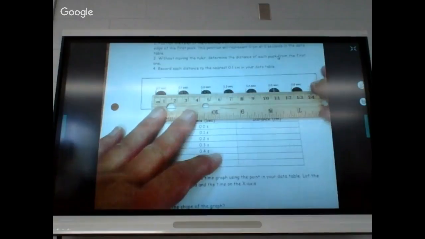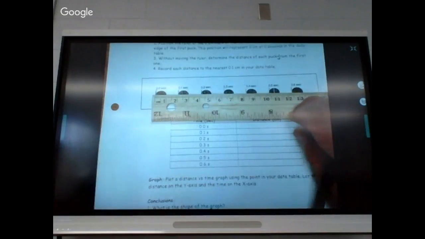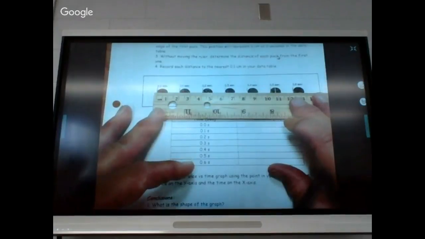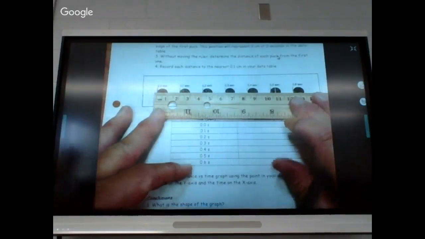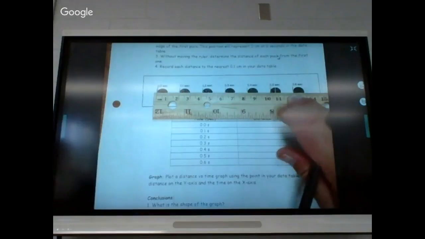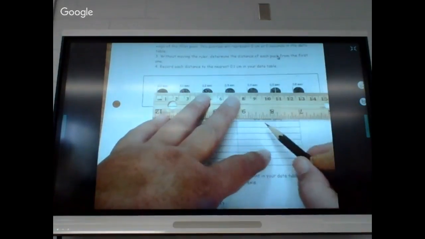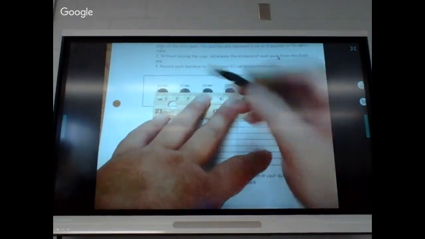Now, these are not going to be whole number measurements. Now, at 0, whoops, I just moved this ruler. I'm going to do a couple of them with you. At 0 seconds, what does it measure?